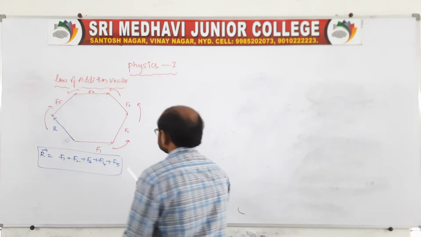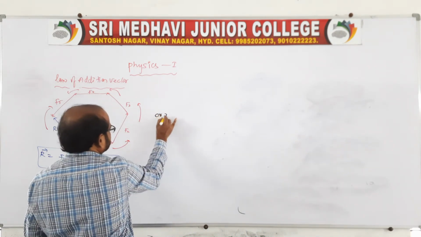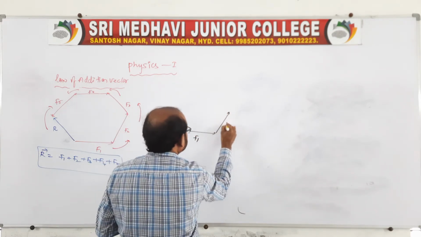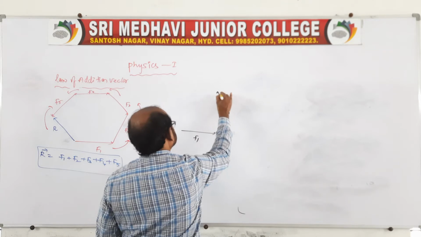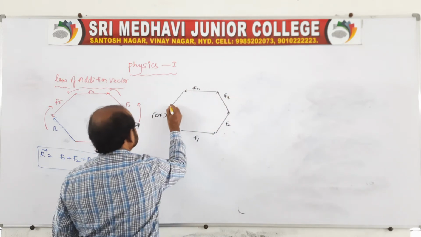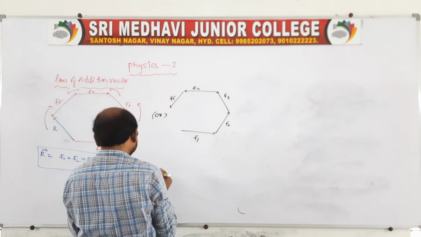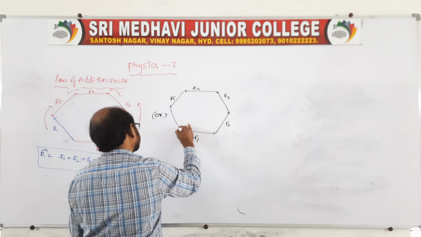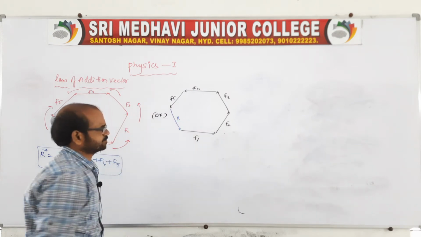And also we can take again like this. You take a vector F1, it is F2 vector, and this is F3 vector, F4 vector, and this is F5 vector, and there is a closing side. Again we can take it in the same order, and the resultant is represented.